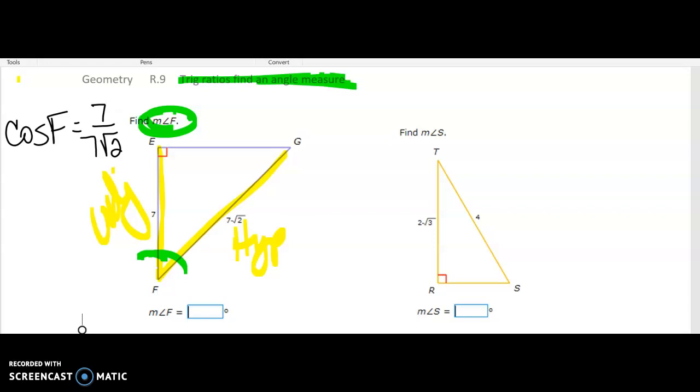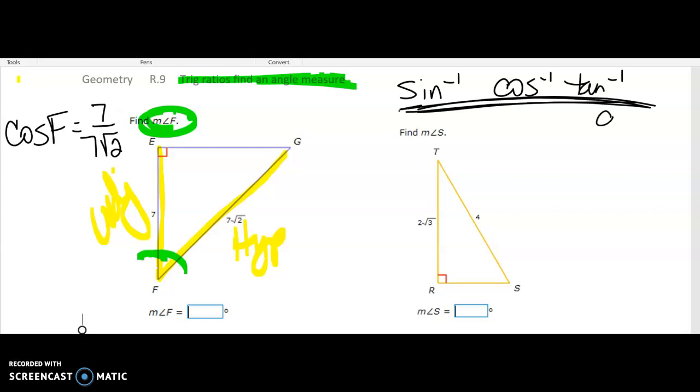To get F by itself, whenever you're looking for the angle, that's when you use inverse. You're either going to use inverse sine, inverse cosine, or inverse tangent. You are using these every time you are finding an angle.